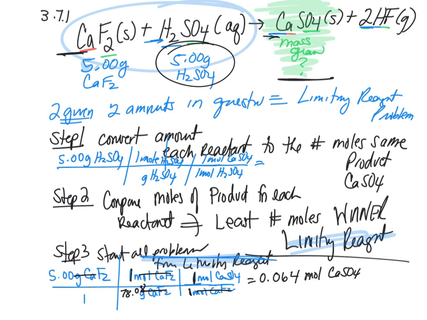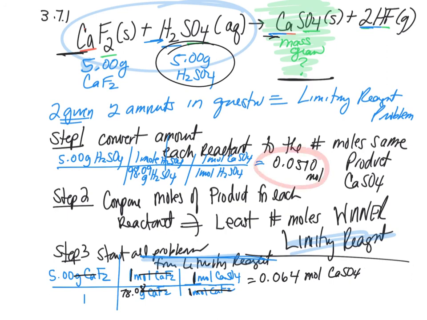Now I got to figure out my molar mass. So oxygen is 16. I have 4 of those. Sulfur is 32.07. And then hydrogen is 2.016. This gives me 98.09 grams per mole. So 5 divided by 98.09 equals 0.0510 moles.